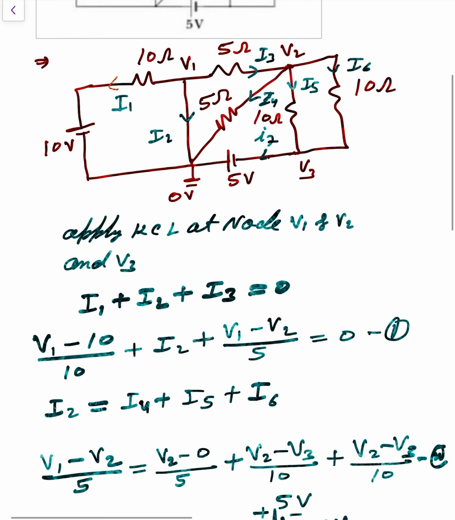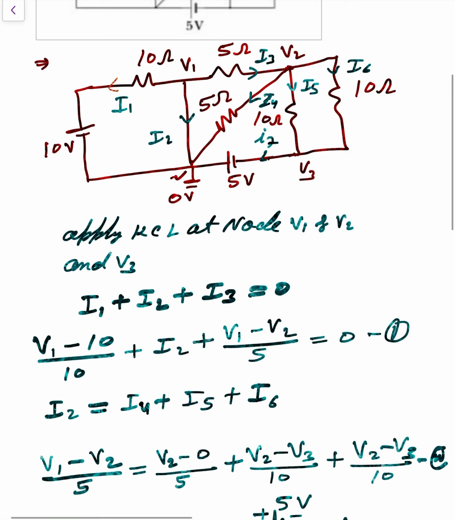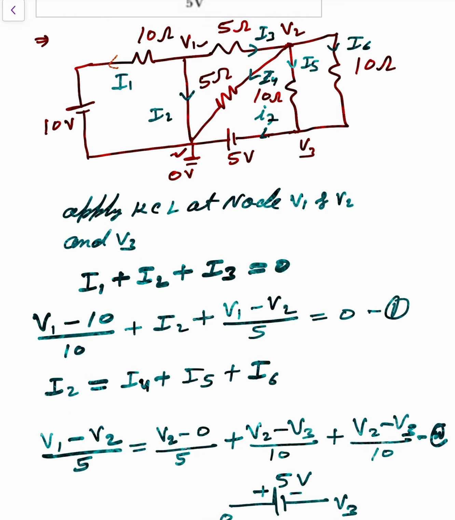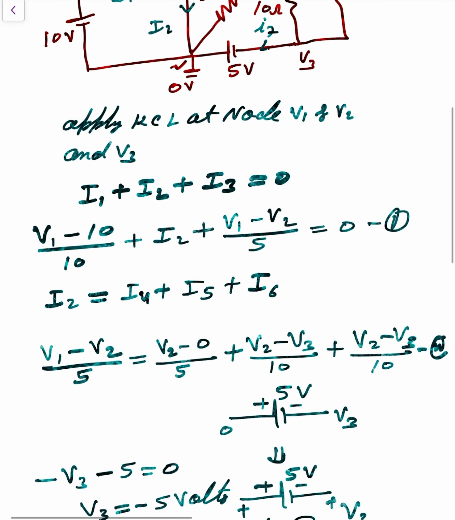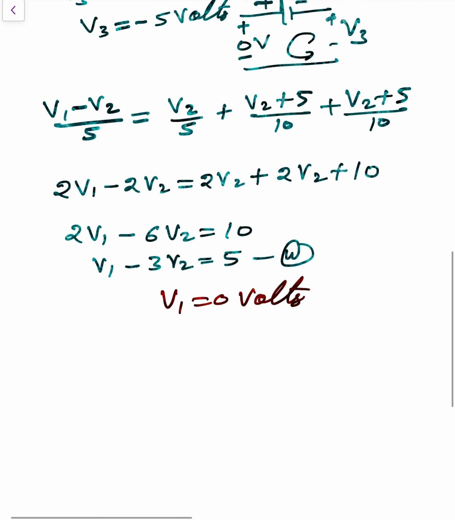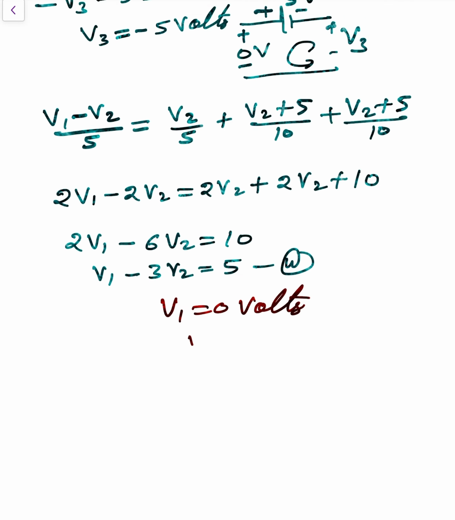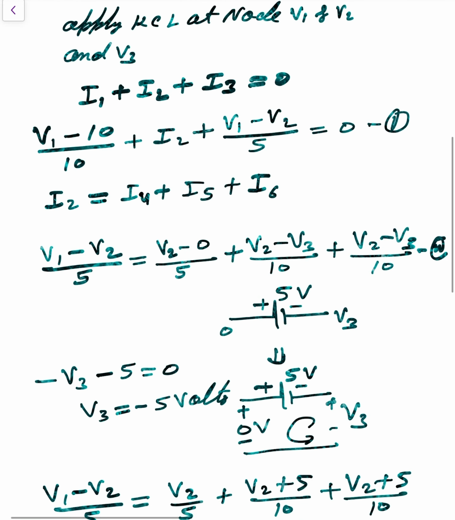Because of that node and that node. In between these two, no source voltage or source current and no resistance is connected. So V1 equals 0. So what about V2? Finally V2 is minus 5 by 3 volt. Clear or not? So V1 and V2 are put in equation number 1.